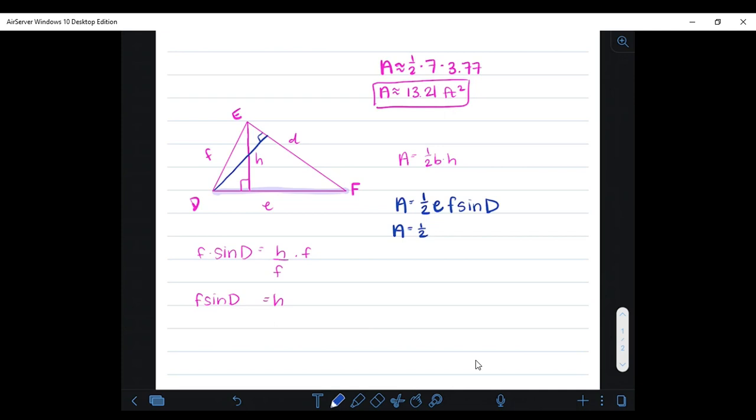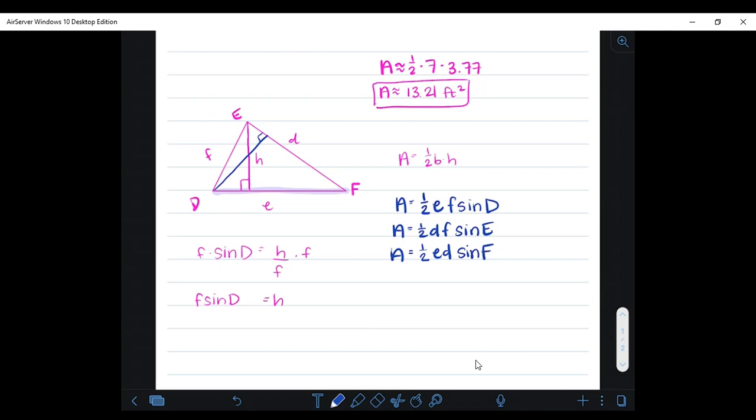And I would end up with, let's see, if D was my base, then I'd be looking at angle E. So I could say area is 1/2 of D times F times the sine of angle E. And the third one would be area could be 1/2 of, let's see, we use EF, DF, so it would be E times D times the sine of angle F.